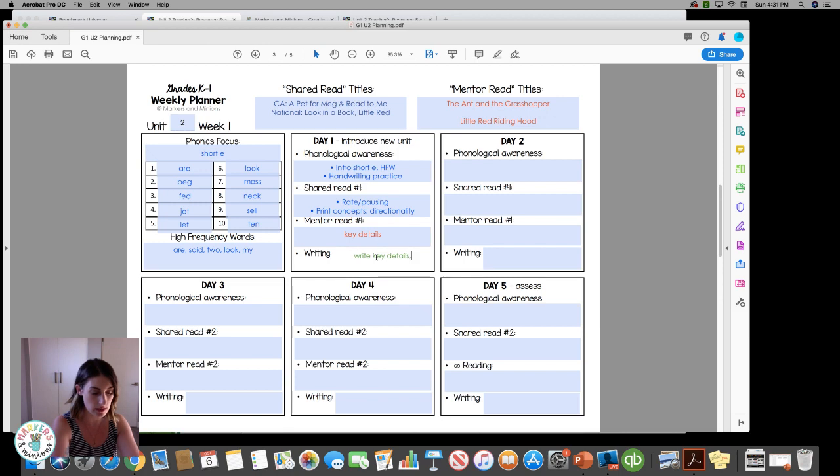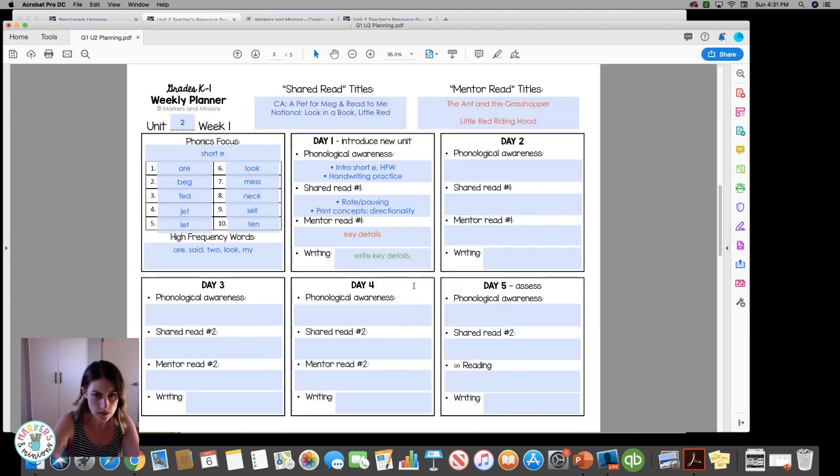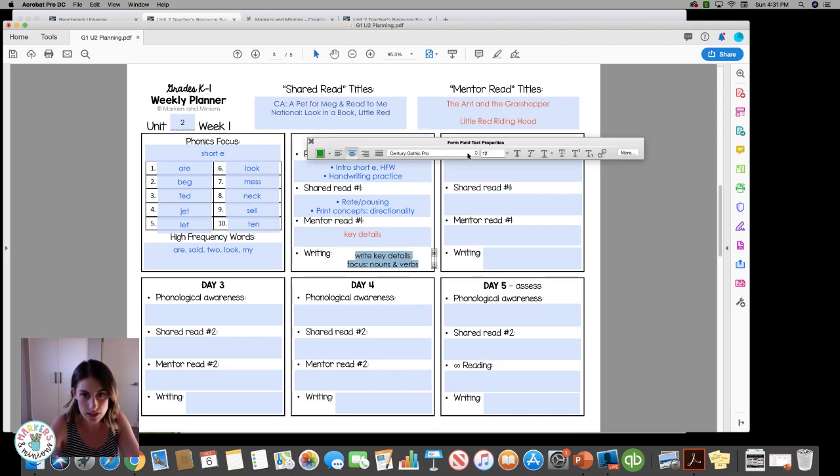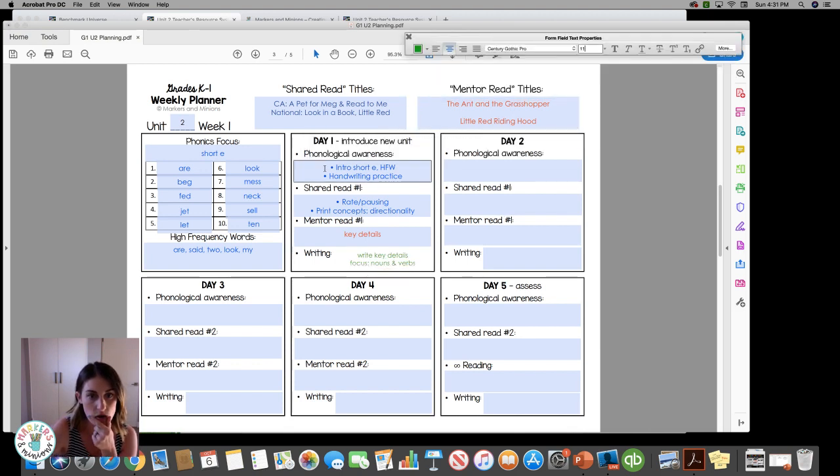And you're bringing in, what is it, week 1? Nouns and verbs. So let's just write focus, nouns, and verbs. And I'm going to Command E and make this a little smaller so it fits. So see, I'm making the decision to not do everything. And I'm deciding like what makes the most sense on day 1 for my class and the flow of my week.